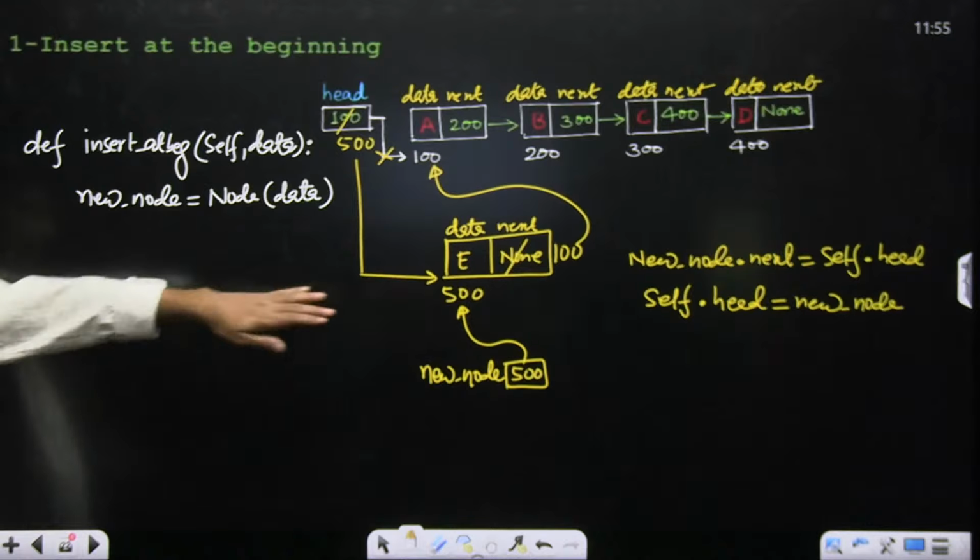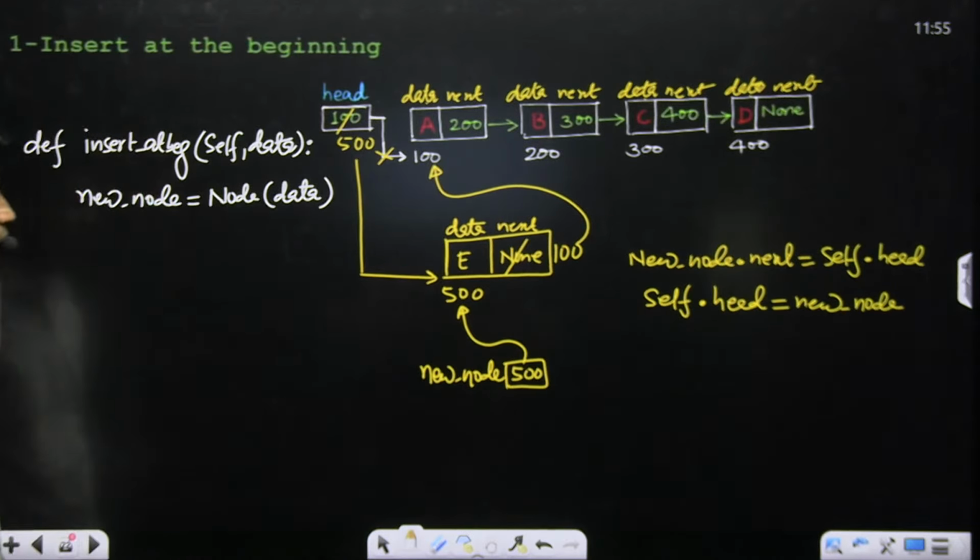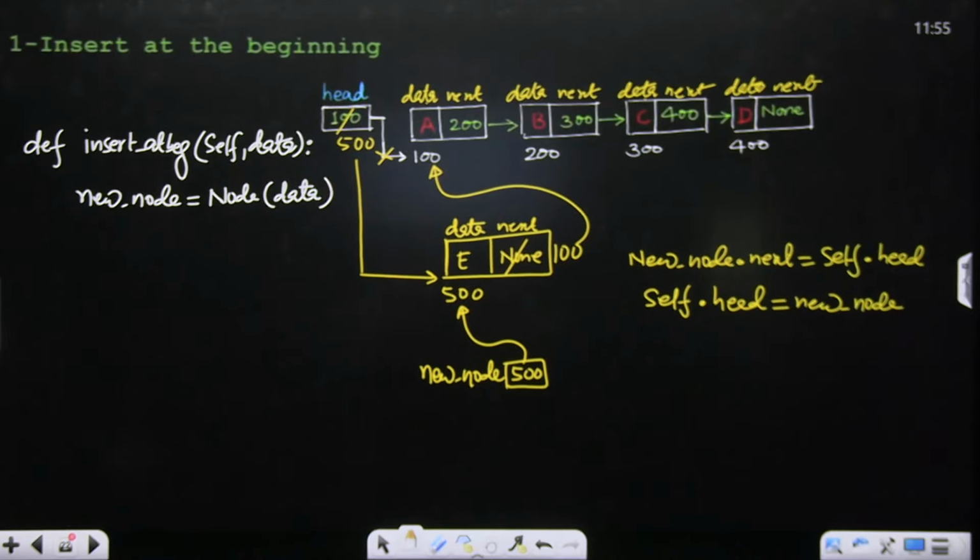When you write this line, the node is created and new node is pointing to it.